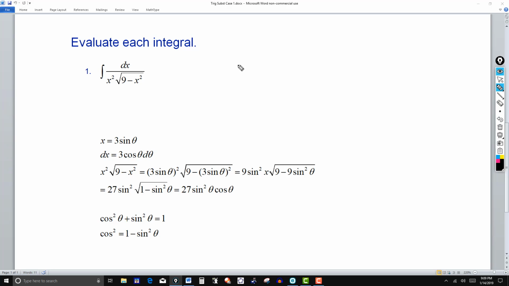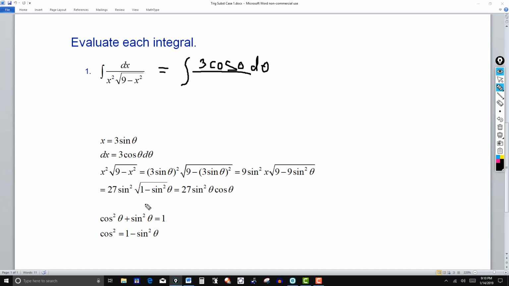Then I go to the integral over here and say, okay, now just make your substitutions. Using what I have over here, dx is replaced by 3 cosine theta d theta. And then this x squared times the square root of 9 minus x squared, that I did right here.